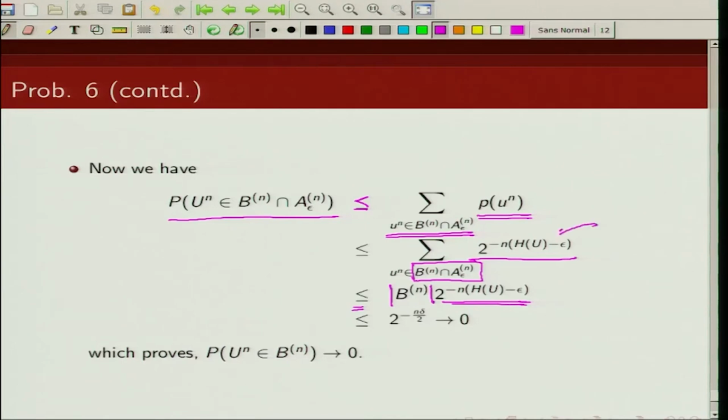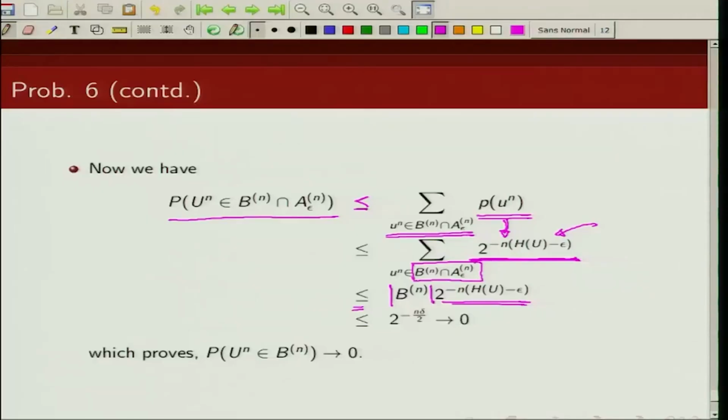This probability, from the properties of typical sequences, the probability of Un when U belongs to a typical sequence, is upper bounded by 2 raised to minus n (h of u minus epsilon).